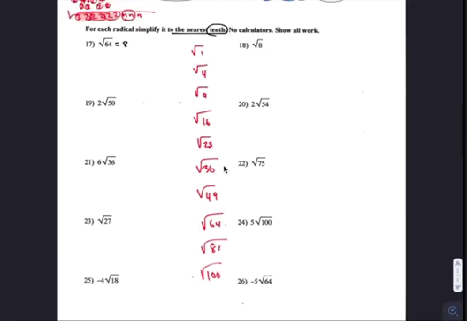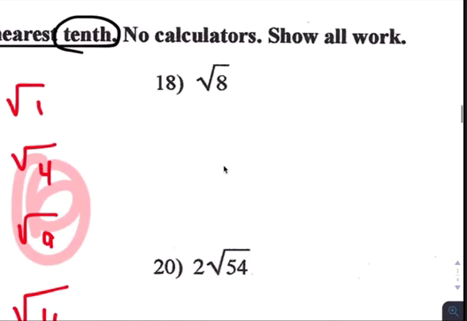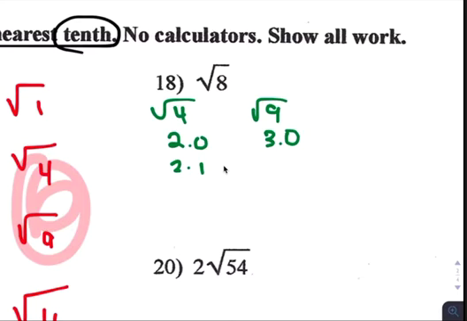Now, square root of 8 goes in between 4 and 9. So you do square root of 4, square root of 9. So 2.0 and 3.0. So your answer could be one of these.